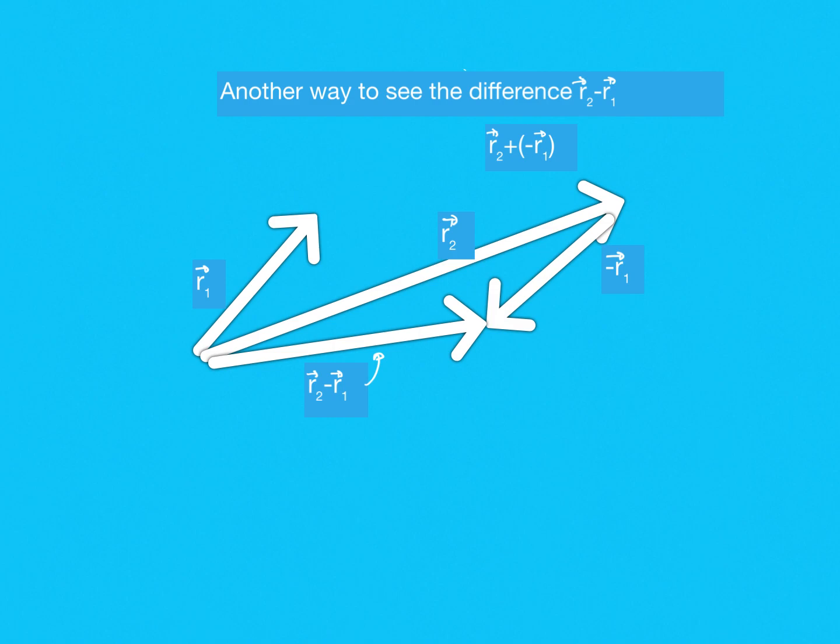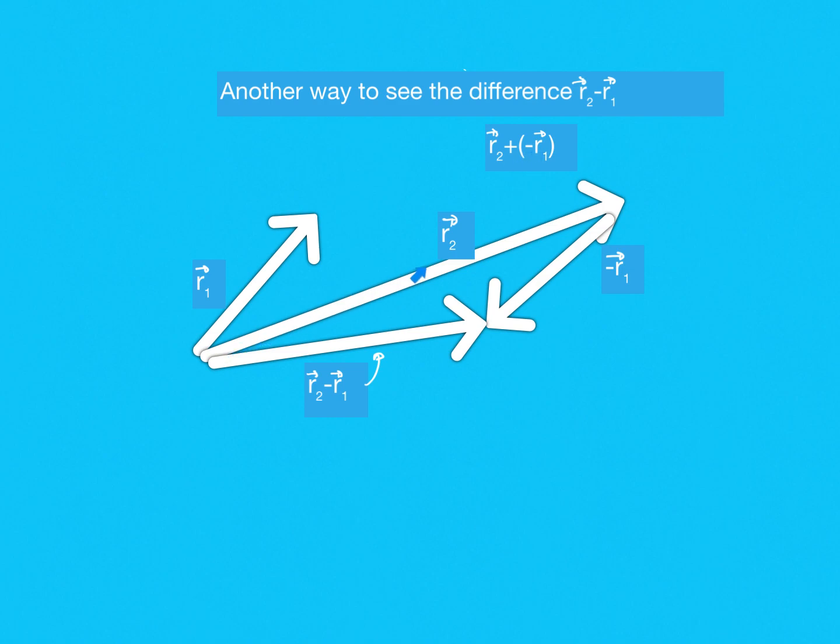Another way to see this difference of R2 minus R1 is to write it in the following way. R2 minus R1 is the same as R2 plus minus R1. This and R2 minus R1 is exactly the same. So I will make a sum. R2 is this one. Minus R1 is this one, the same vector with the same magnitude as R1, but in the opposite direction. So what will be R2 plus minus R1?